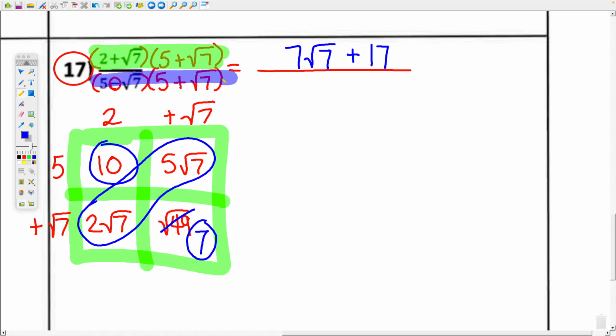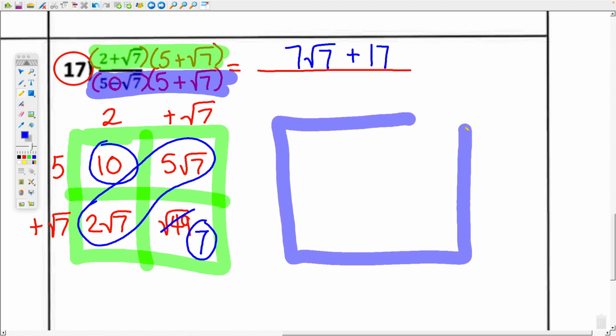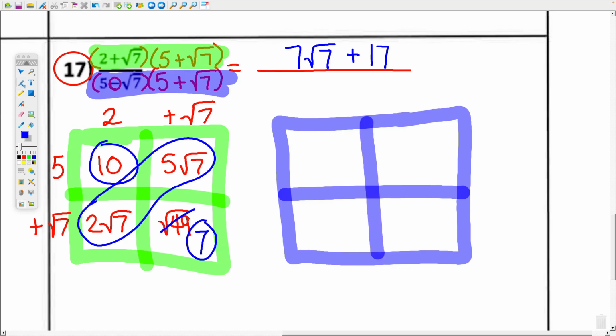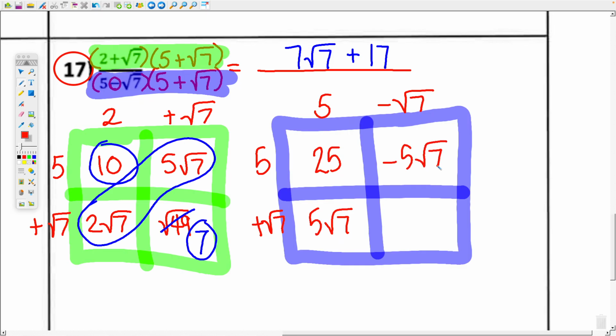Let's do the bottom. We have to do this one now, okay? So I'm going to do my box for the bottom. 5 minus radical 7, 5 plus radical 7, and that's going to be 25. Square root of 49, check my math.